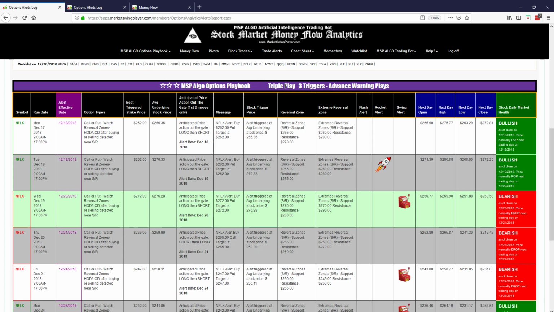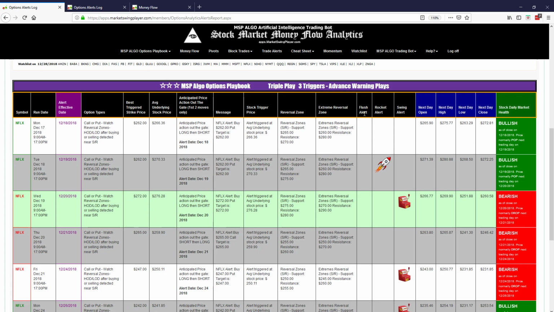It has a triple play, 3 triggers, advanced warning plays. Today, I'm going to specifically talk about swing alerts, but I'll go over each alert that is a part of the triple play, the 3 triggers that can go off and alert you to what type of trade to take.